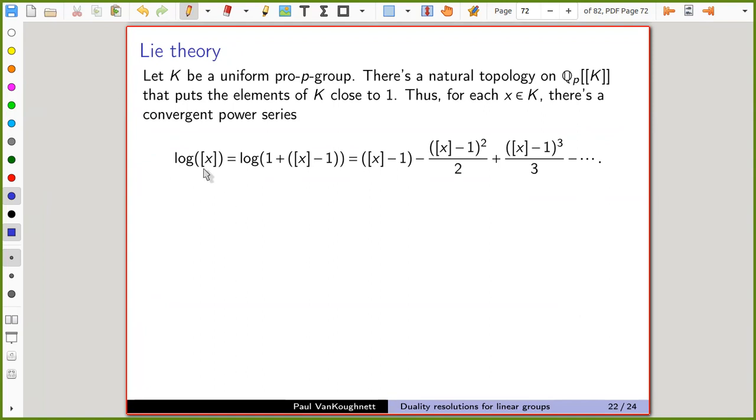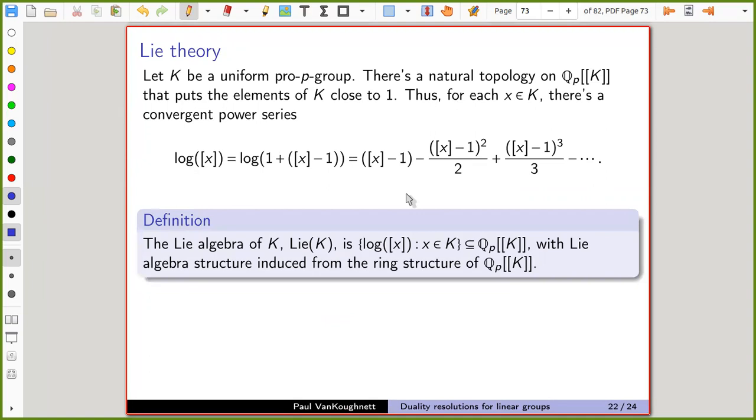So I'm taking the logarithm of a group element of K, and I can do that because this is equal to 1 plus something that's close to 0, so this power series converges in QP double brackets K. If you take the set of logarithms of group elements, then this turns out to be a Lie algebra. It's closed under the commutator induced from the ring structure of QP double brackets K.